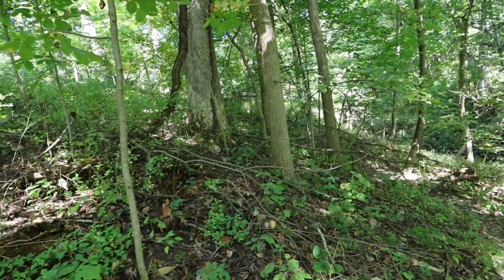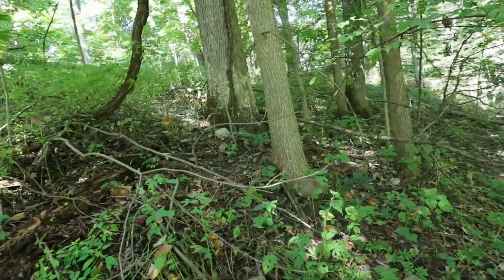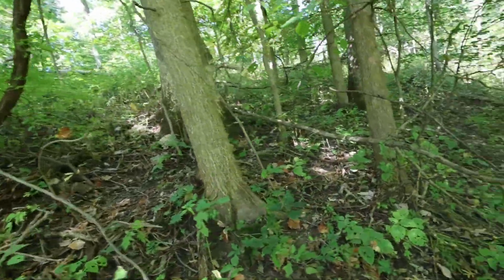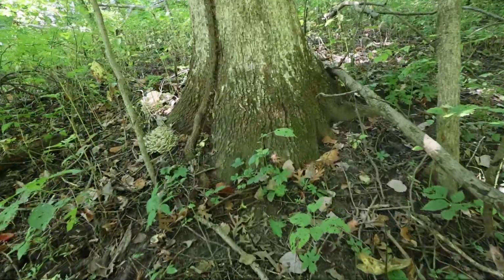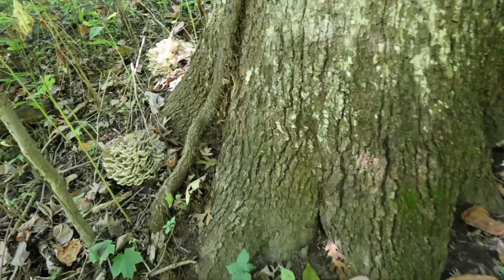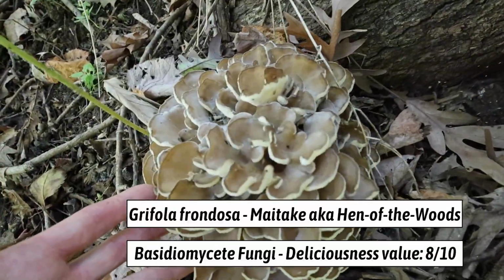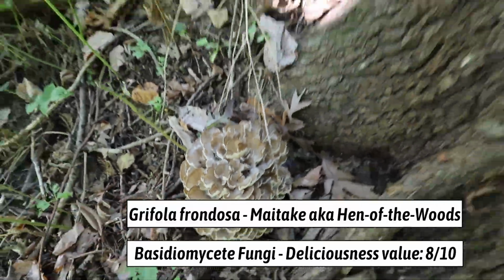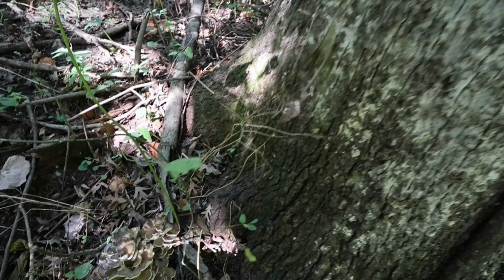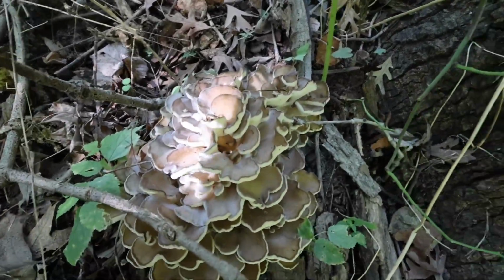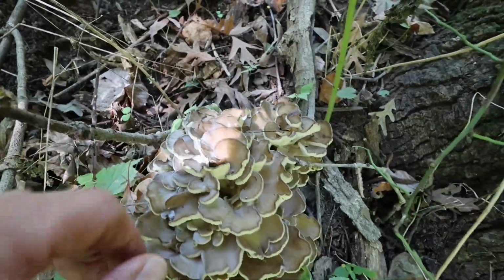A lot of fungi like to associate with oak trees. And this one is known to be a real delicious one. This looks like maitake, also known as hen of the woods. A few good pieces. Pretty fresh. Those are spores on the top.